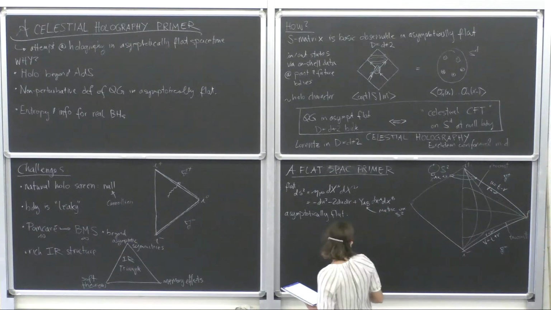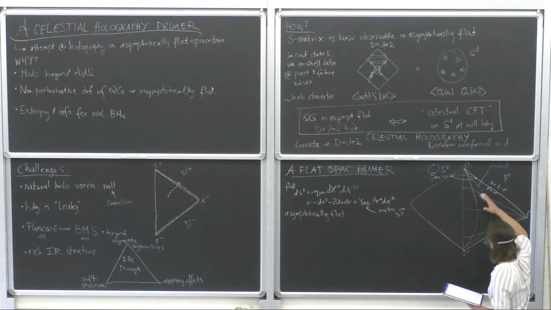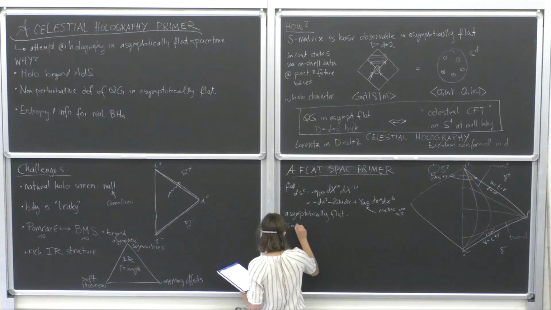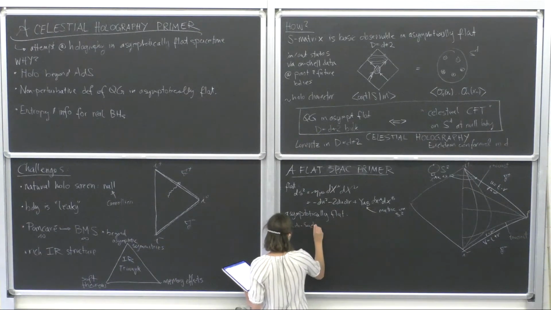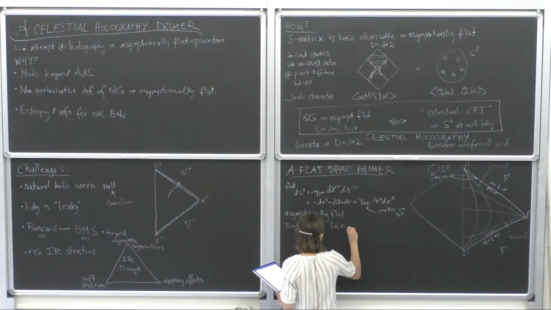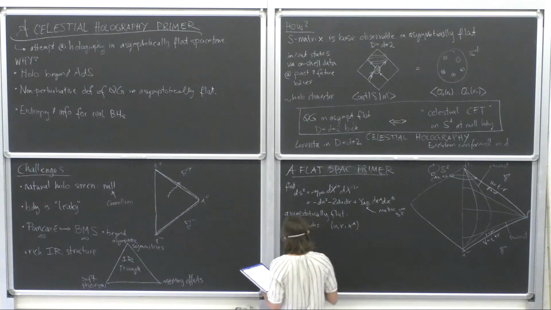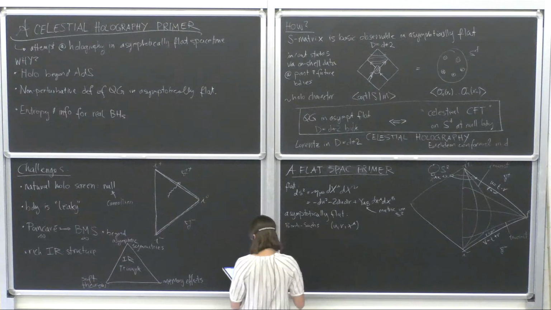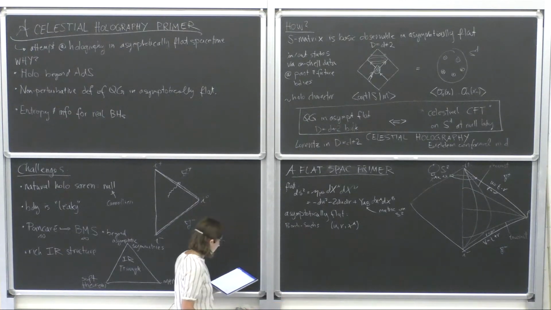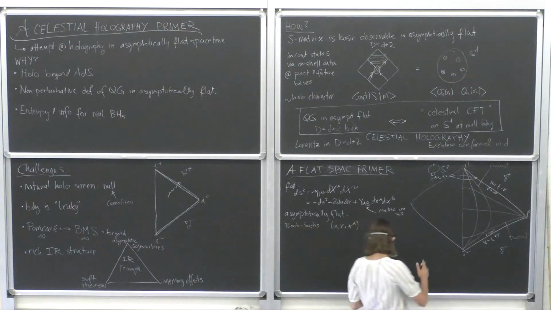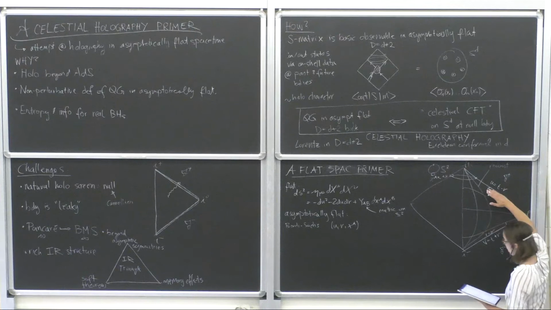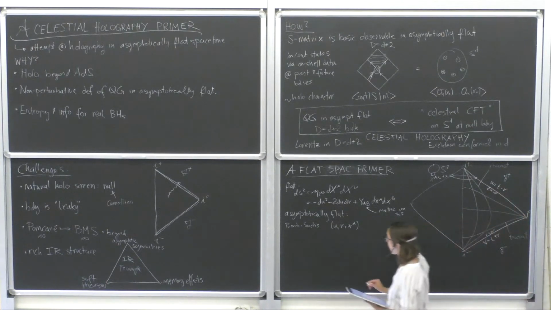And good coordinates for this are the so-called Bondi-Sachs coordinates. At the future boundary, it's u, r, and x^A. And so these coordinates, the Bondi-Sachs coordinates, describe the propagation of gravitational waves that go radially outwards at r to infinity by keeping u fixed.